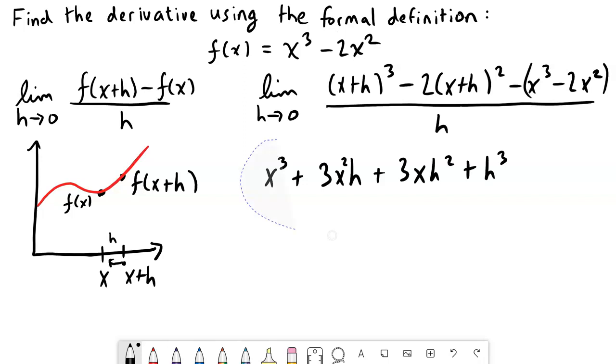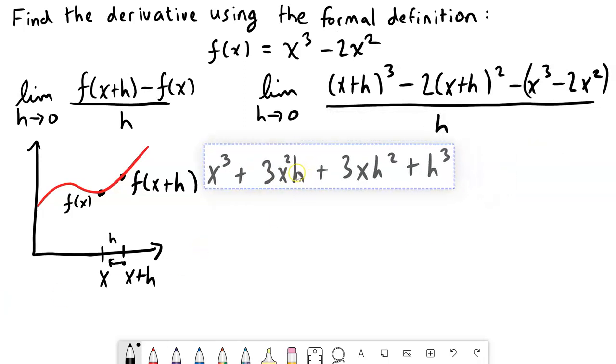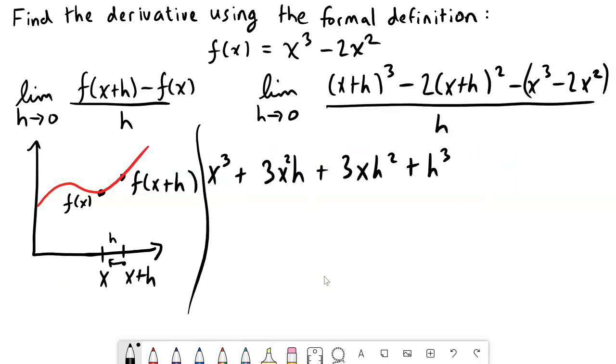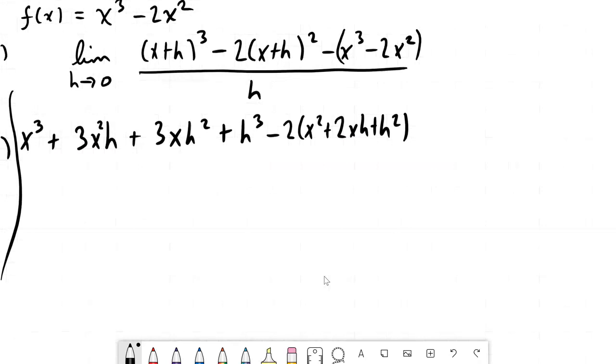I'm going to move this over here quickly just to give me some more space. This is away from this. And then I want to do this: this is 2x squared plus 4xh plus 2h squared. And then I'll shift it over a little bit to the right, and then subtract.